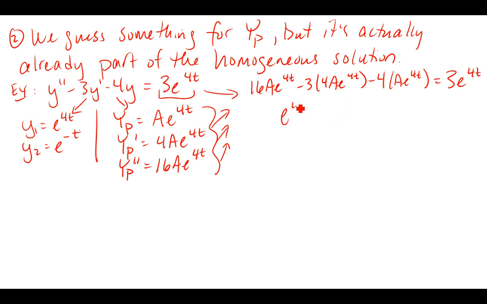So what do I have? I have 16a, minus 12a, and minus 4a, and all of that is supposed to equal 3 e to the 4t. So, of course, in order for this to match up, I have to insist that that be equal to 3.